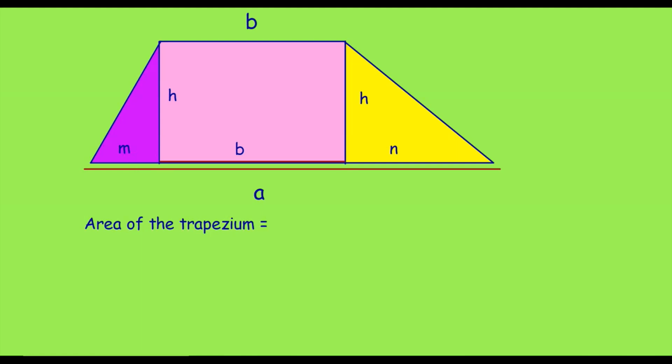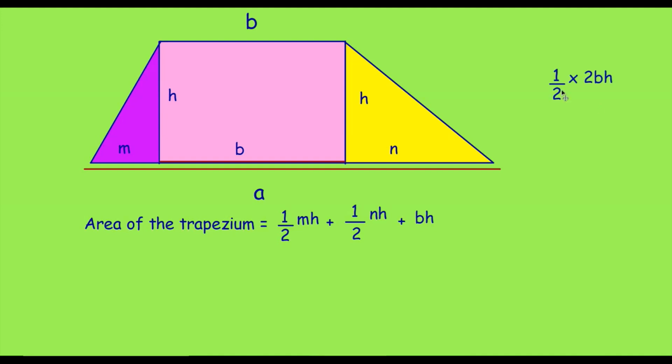This triangle's area is half into m into h, that is half mh. Here it is half into base n, height h, so plus half nh. Now the area of the rectangle, length is b, breadth is h. So you can write plus b into h, that is bh.